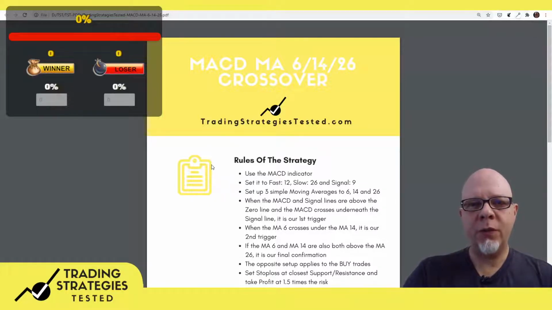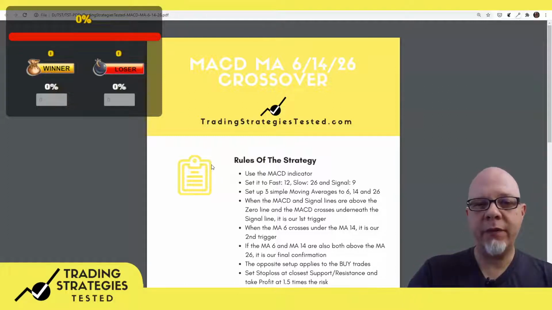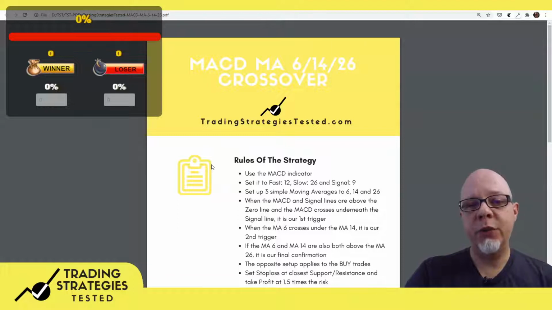Because as you recall from the previous video, I hope you've watched that, the MACD is the moving average convergence divergence indicator, and it basically functions off two simple moving averages and differences between those two, and the way that they move closer and away from each other, hence convergence, divergence, and that's the basis of the indicator.